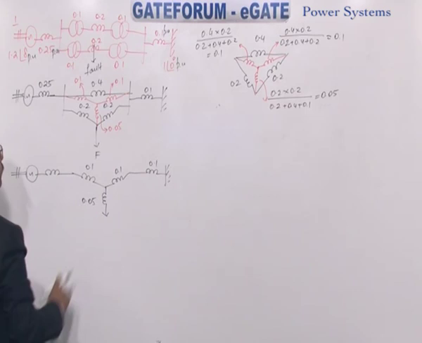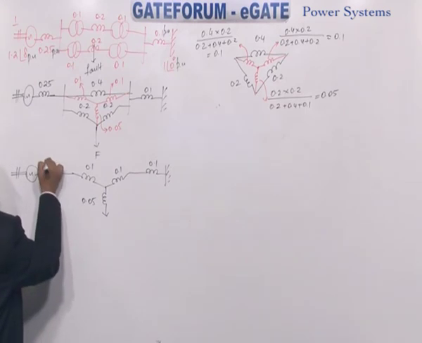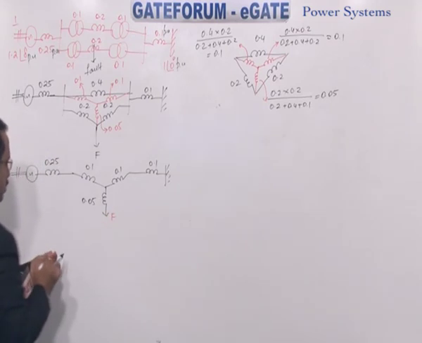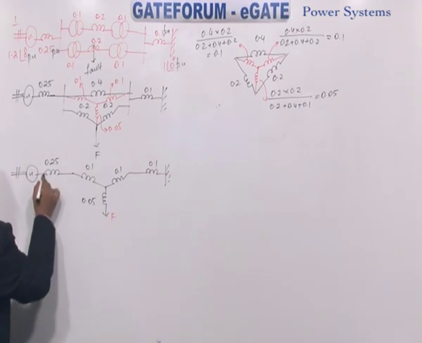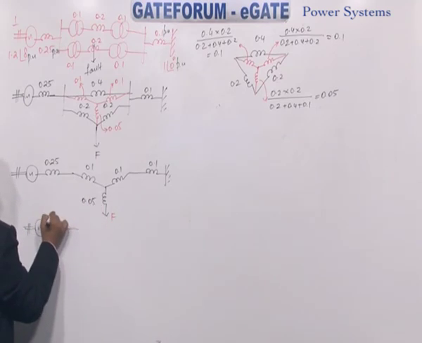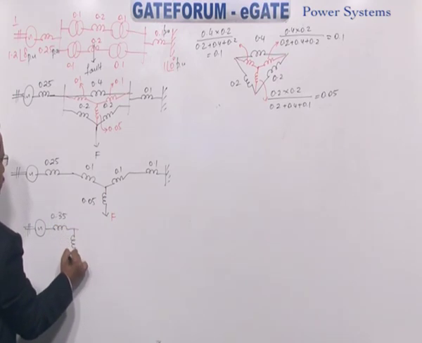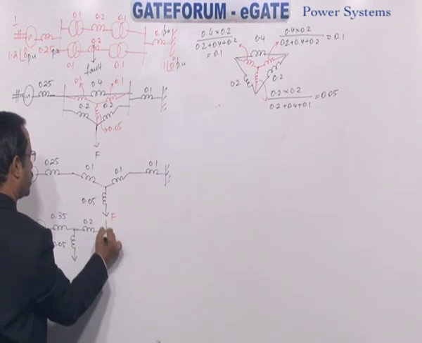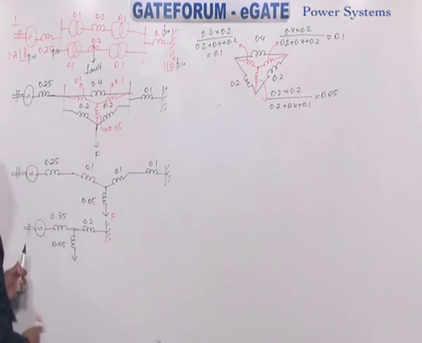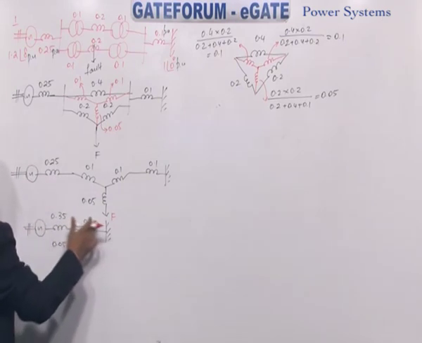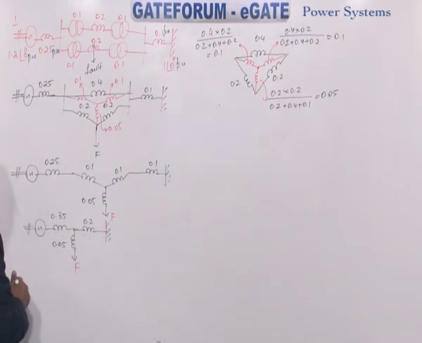What about the next one now? 0.25, 0.1 are in series. How much you get now? 0.35. Here 0.05. Here it is 0.2. Now you find the transfer reactance, that is the reactance between the source and load, by eliminating the fault point.